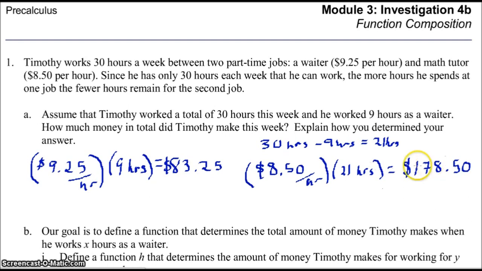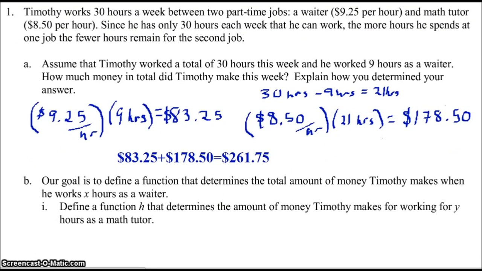So now we have the amount of money he made tutoring and the amount of money he made as a waiter, and we can add those together to get how much money in total Timothy made this week. So that's $261.75 that Timothy made working 9 hours as a waiter and 21 hours as a tutor.